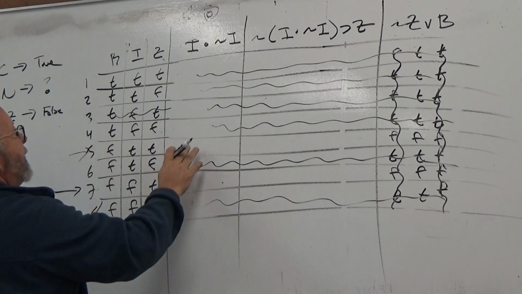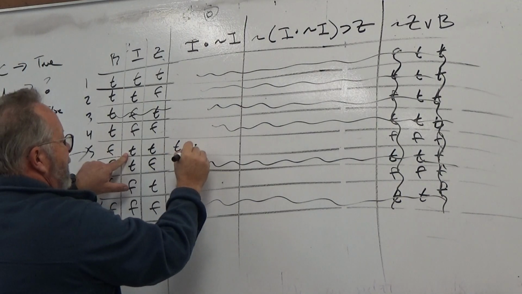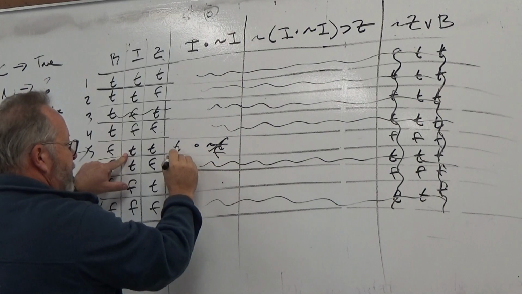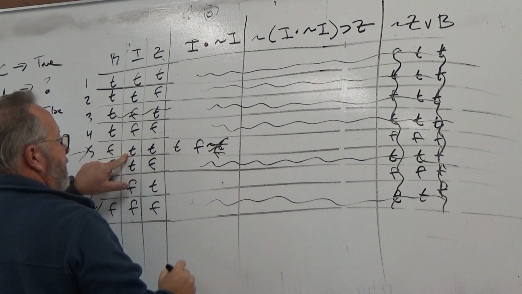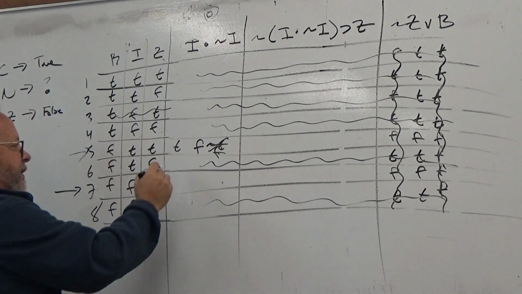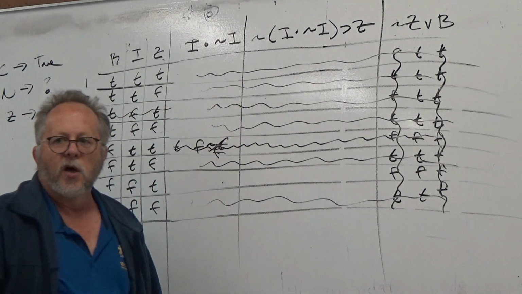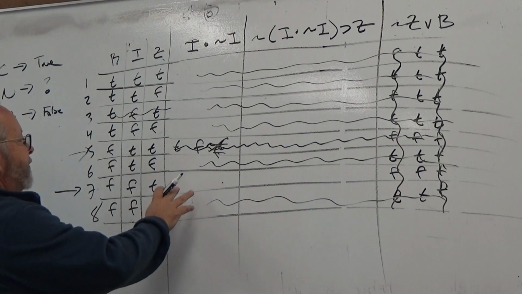So I and not I: I have true and not true. Not true is false, so I end up with true and false, which is false. And that means I can eliminate this line, because we're looking for a line with all true premises and a false conclusion. So I only have one left.